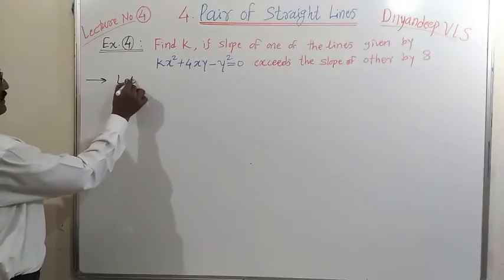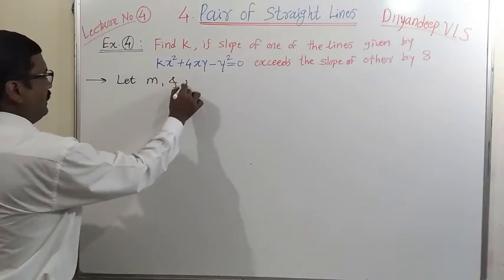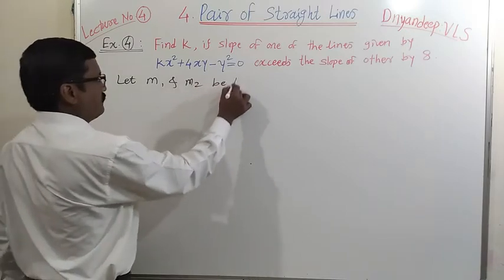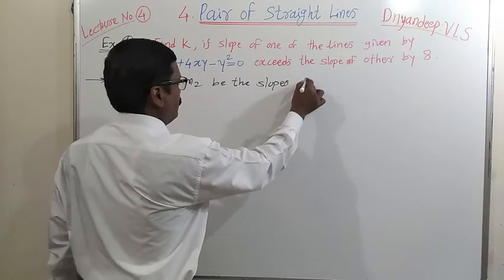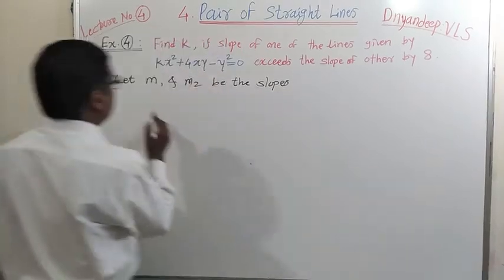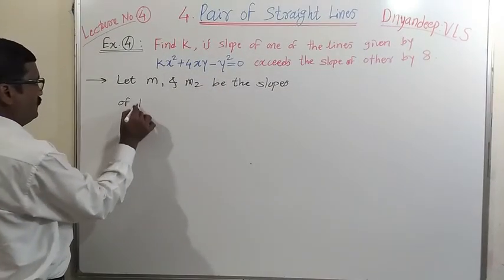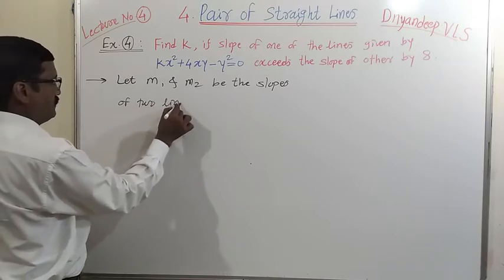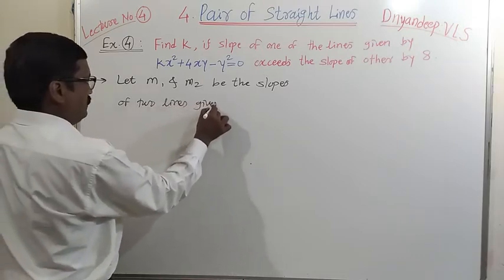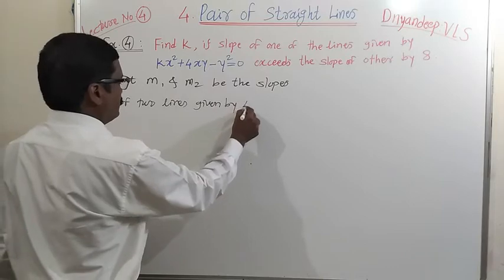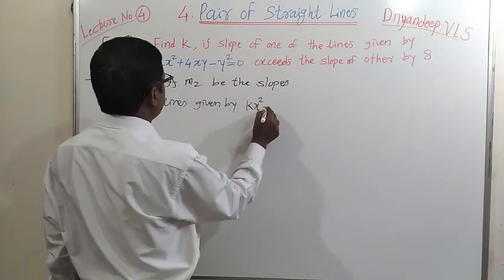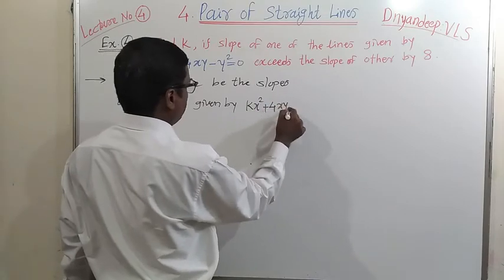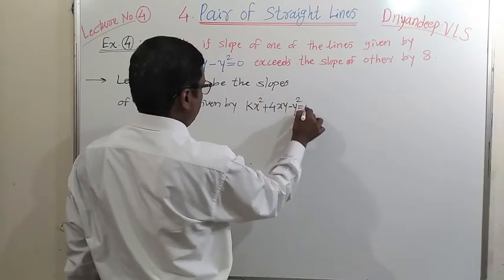Let m1 and m2 be the slopes of two lines given by this kx square plus 4xy minus y square equal to 0.